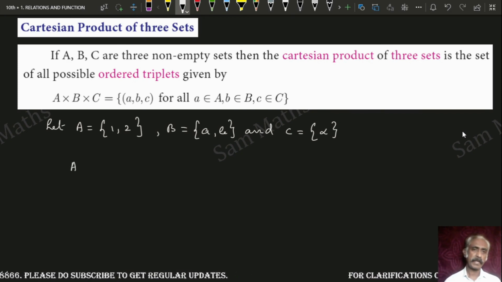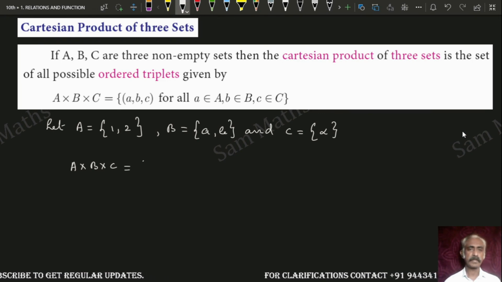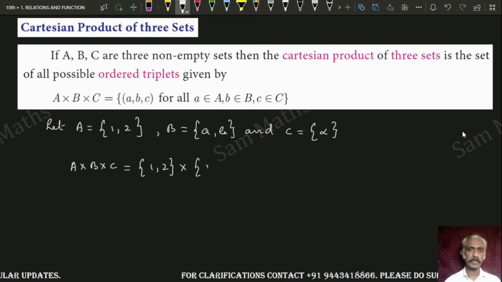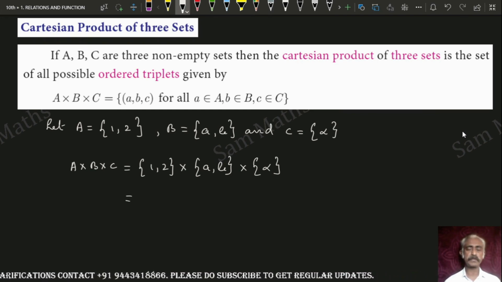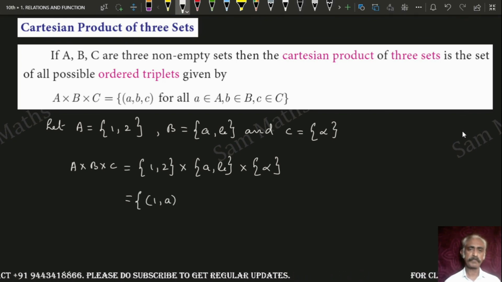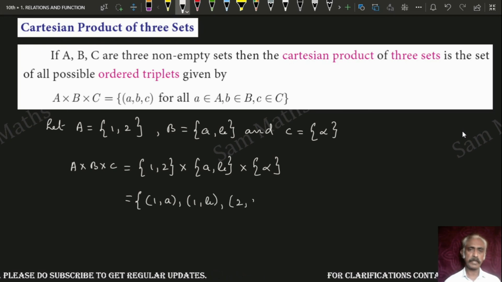Now A cross B cross C we have to find out. For that {1, 2} cross {a, b} cross {alpha}, which is equal to, first I am going to take cross between first 2 sets. That is (1, a), (1, b), (2, a), (2, b).